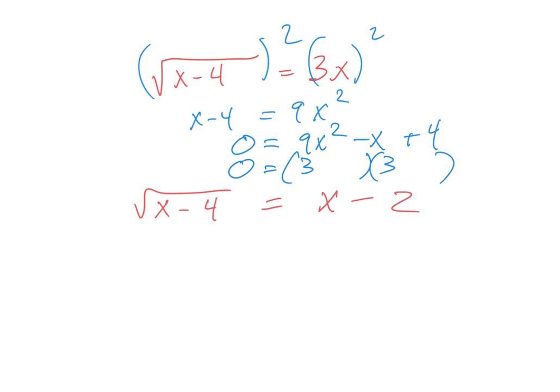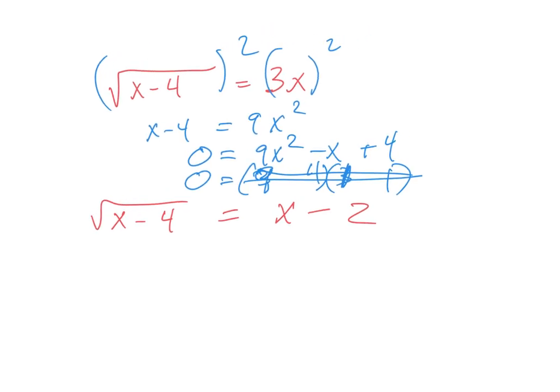If I do 1 and 4, 3 times 4 is 12, 3 times 1 is 3. That's not going to get me a negative 1. Instead of 3s, I could do a 9 and 1, but that's going to create bigger issues with 4 and 1. So I don't think there's going to be a way for me to factor it.